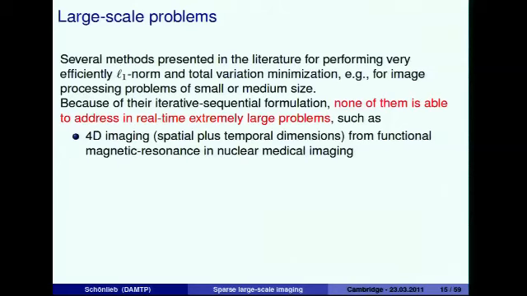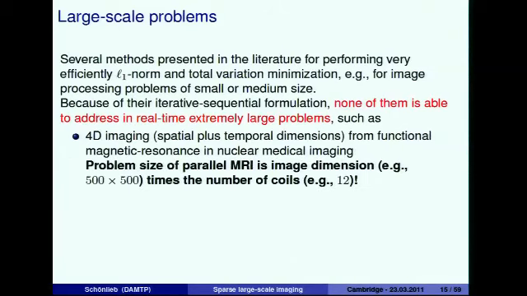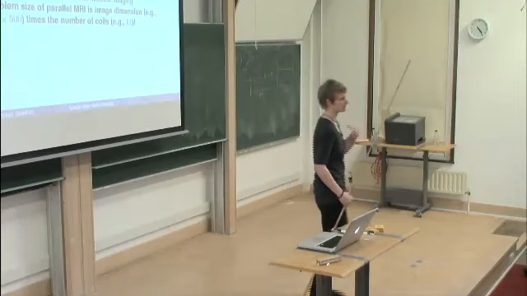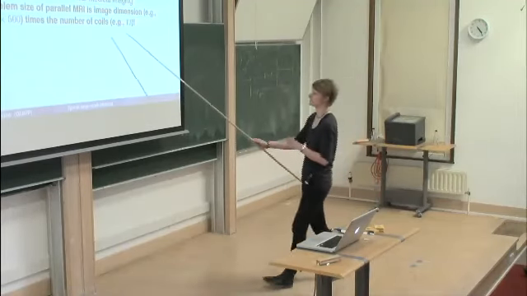And again, there are some examples. I'm not going into this. One example that we will encounter later is parallel MRI, where in addition to the spatial dimension, say if I do 2D MRI, I have an additional 12 images of the same size, which represent the so-called coil sensitivities.